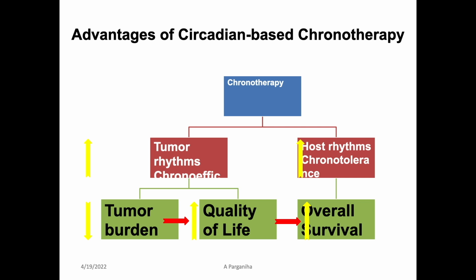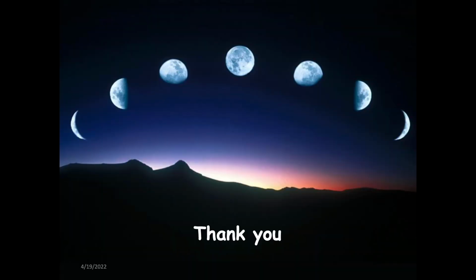By increasing these 2 phenomena, the tumor burden will be decreased, and as the tumor burden decreases, definitely the quality of life of the cancer patient will increase, and that will increase the overall survival of the cancer patient. So in that way, we say that chronotherapy is very good for improving the quality of life as well as the survival of cancer patients.